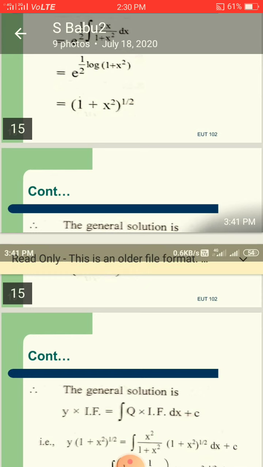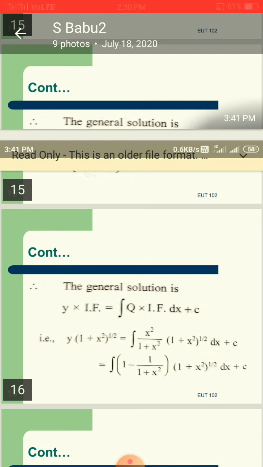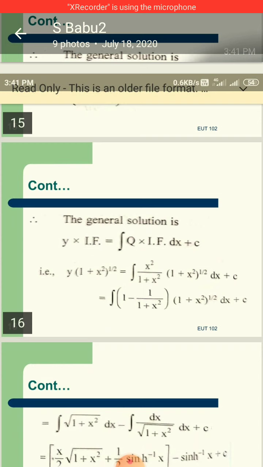Now we have to find the solution. For the solution also, we have a formula. What formula? The general solution of the above said linear differential equation is y into IF is equal to integration of Q into IF with respect to x plus c.